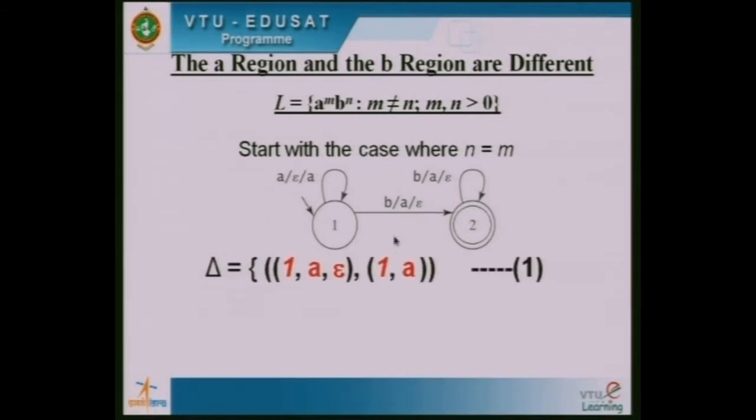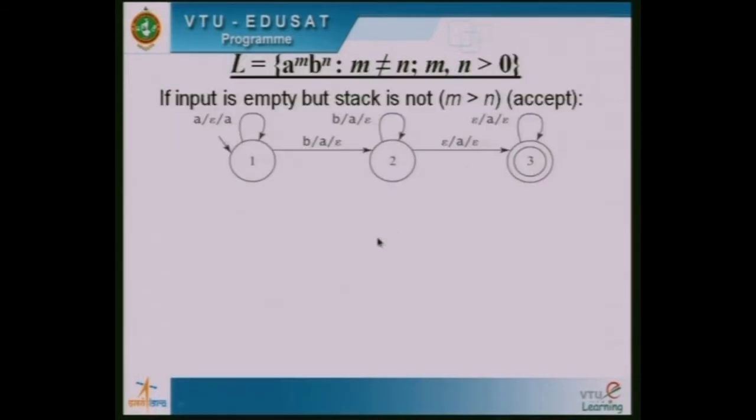Now, these are the rules. Now, I want the first possibility, m greater than n. M greater than n is what? Wherein I have more number of a's and less number of b's. Input is empty but stack is not.